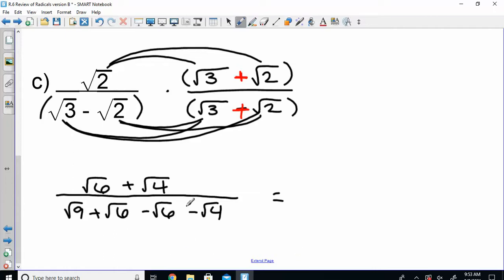It's okay to leave radicals on top, just not on the bottom. So we have a square root of 6 plus, what is the square root of 4? 2. Right, on the bottom, square root of 9 is 3. We already said positive square root of 6 and negative square root of 6 cancel. Minus the square root of 4 is 2.